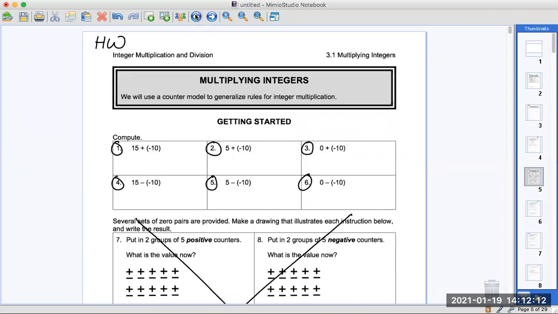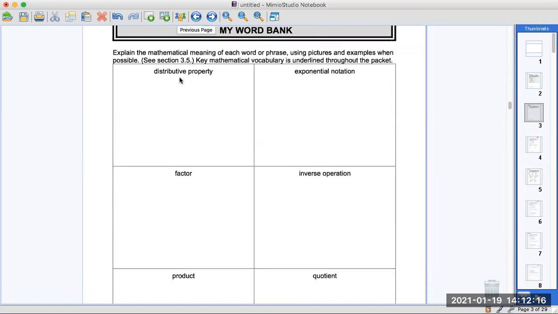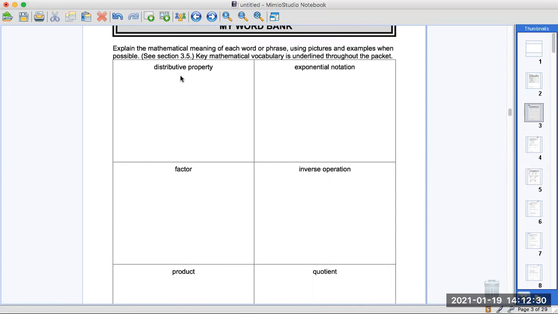Okay, so we start with our vocabulary word, my word bank, distributive property. At this point, I want to remind everybody to finish the vocabulary quiz at the end of the book, because it's so way back that sometimes we forget, but it is part of your assignment, okay? So some of the words are here and the other words are in the back of the book.